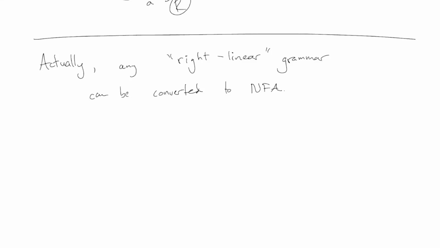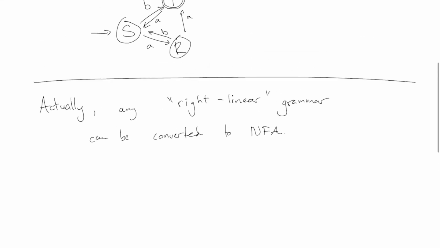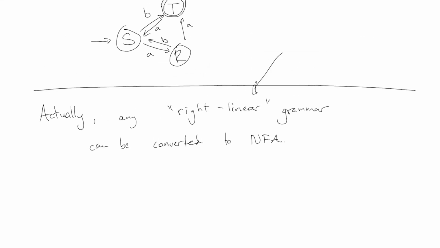Single step is a very simple kind of grammar. There's a slightly more complicated one called right linear grammar, and what right linear means is that all the productions look like X goes to little x Y, where little x is any string of terminals. So the only difference is it's not necessarily a single letter, but it could be a whole string, several letters at a time.